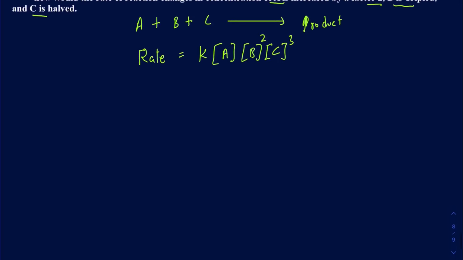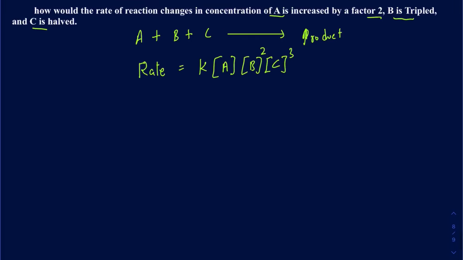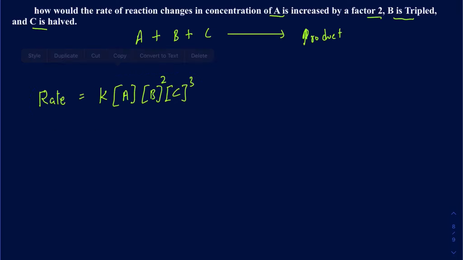So suppose I go ahead and write down my original rate law expression. I'm just going to copy that down a little bit here. And then my new concentrations are: A goes up by a factor of 2, so it's going to be 2A, and then B is tripled, so it's going to be 3B, and then your C is halved, so it's going to be C over 2.